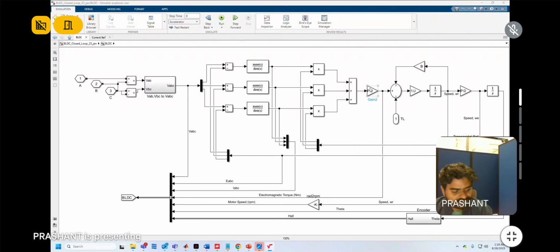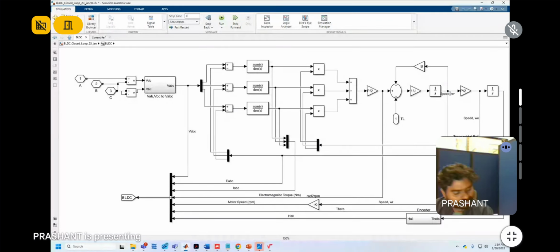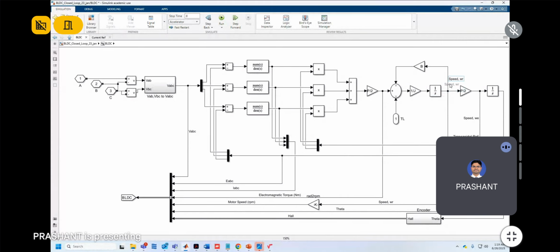So now P by 2, after this I am getting TE minus TL. So 1 by J into TE minus TL minus B omega. After integration, we get omega here.